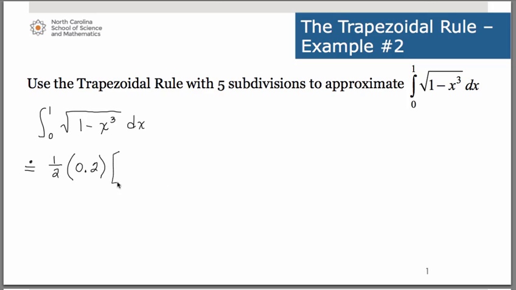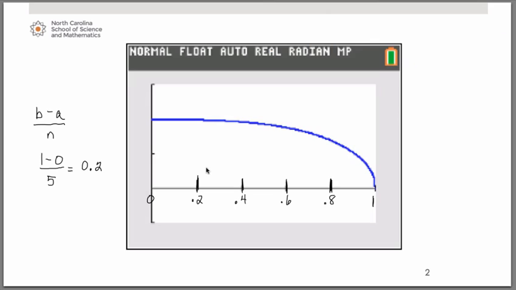And then we need to start in with the sums of the bases. So the base of the first trapezoid is going to be given to us by the function value at 0. And then you might recall we have to start doubling the rest of the bases because, for instance, this first trapezoid that ends right here at 0.2, this is the base of the first trapezoid, but the top of the second trapezoid.